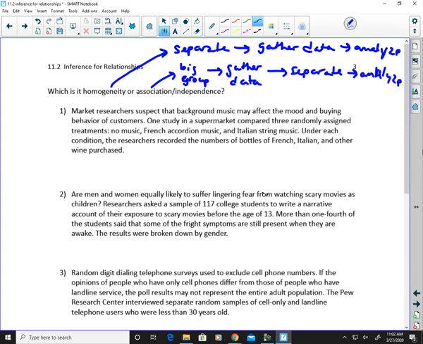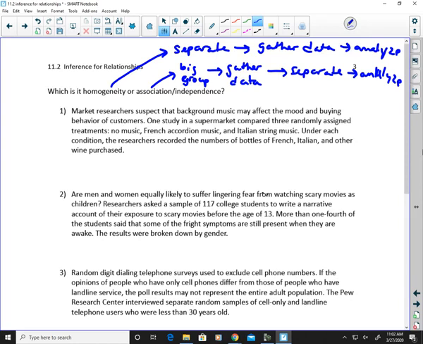Analyze. Okay, so let's read this first one. Market researchers suspect that the background music may affect the mood and buying behavior of customers. One study in a supermarket compared 3 randomly assigned treatments: no music, French accordion music, and Italian string music. Under each condition, the researchers then recorded the numbers of bottles of French, Italian, and other wine purchased.